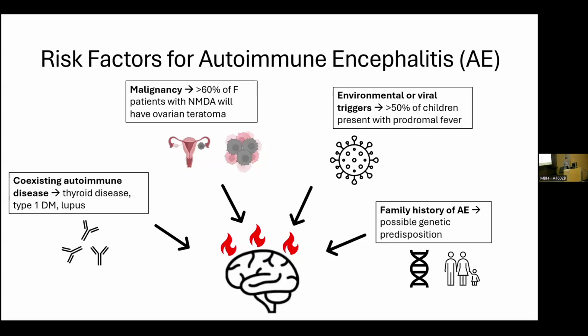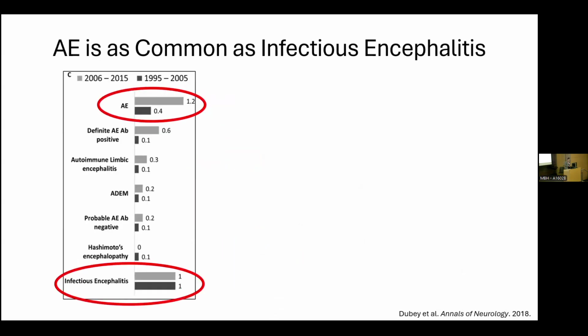About half of kids will present with a prodromal fever, suggesting a likely post-infectious immune-mediated process. And family history can also clue you in. We don't have one gene that we think causes or predisposes to autoimmune encephalitis, it's likely multifactorial, but it's definitely something to ask about.